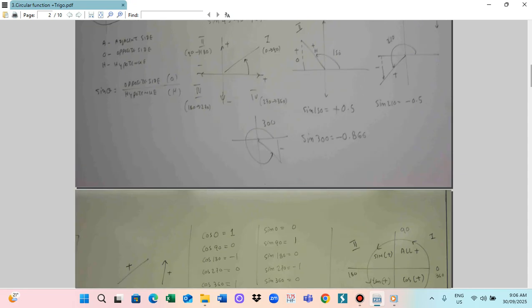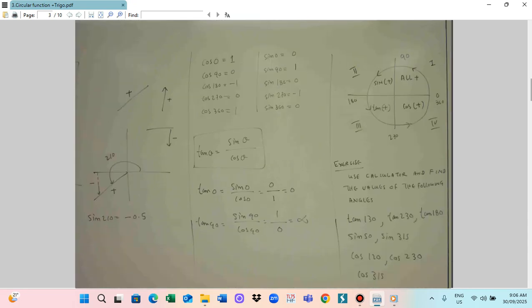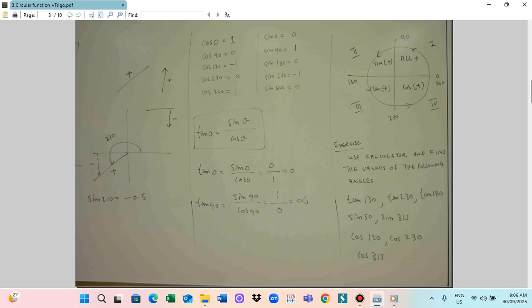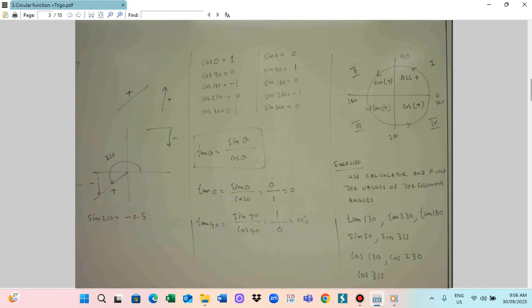This is the basis of the trigonometry formula, and then we can find the sine, cosine function, positive, negative by this way. Then we get a special formula. Cos 0 is always 1, and cos 90 is 0, and cos 180 is minus 1, cos 270 is 0, and cos 360 is also 1.